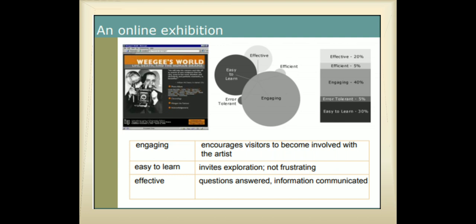And then ease to learn. It means that this website must not be frustrating and tries to invite exploration. That is, the user can easily find the ways to navigate to the other pages, and also finds it easy to perform other operations like searching, submitting a form, or making payments.